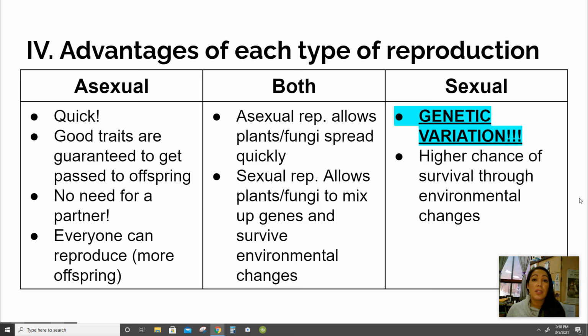Third of all, there's no need for a partner, which can be a big relief for these organisms, because if you think about how much time and energy that sexually reproducing organisms spend on finding a partner, this doesn't have to happen with asexually reproducing organisms, whether it's a plant or an animal. Also, every single member of the species can create copies of itself.